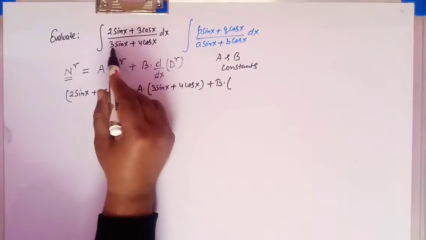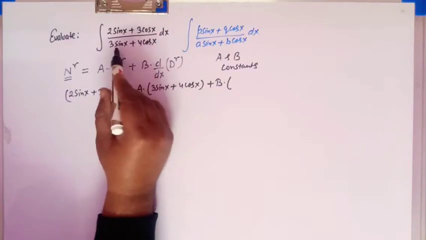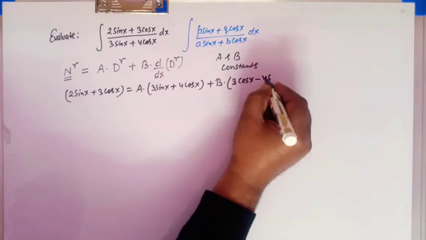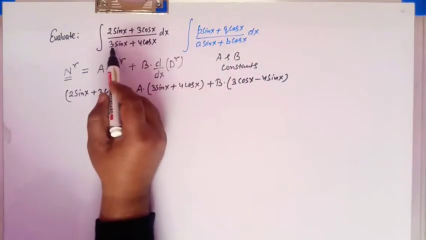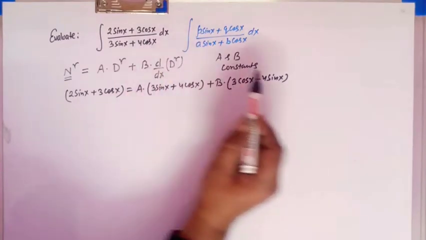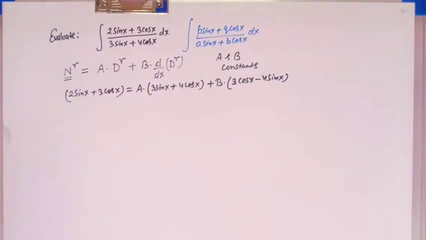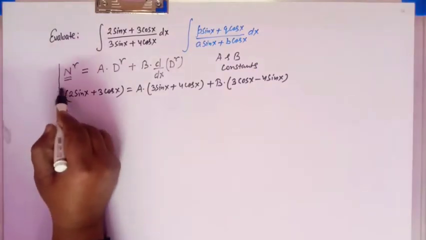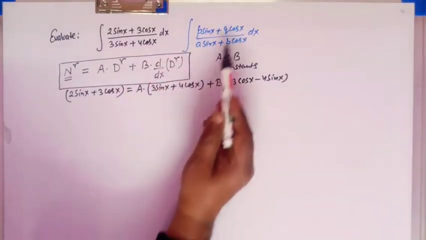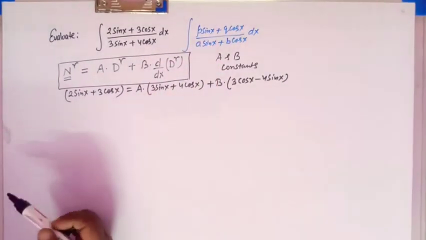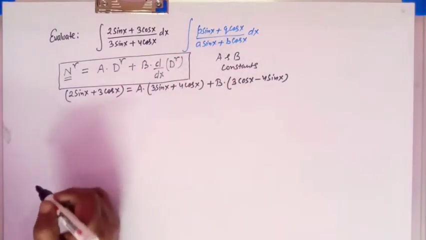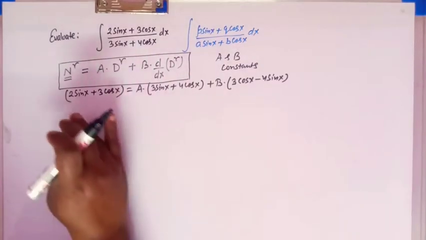The derivative of the denominator 3 sin x plus 4 cos x is 3 cos x minus 4 sin x, because the derivative of sin x is cos x and the derivative of cos x is minus sin x. So this is the rule by which we'll solve integrals of this type. Now let us find the values of a and b by comparing both sides.